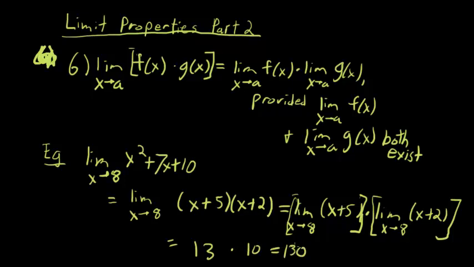So we get 130. And you'll notice this is easier than plugging in 8 here and trying to compute the limit that way. When we split it up into factors, we can plug 8 into each individual factor and then multiply those two results. And that's what this property allows us to do.